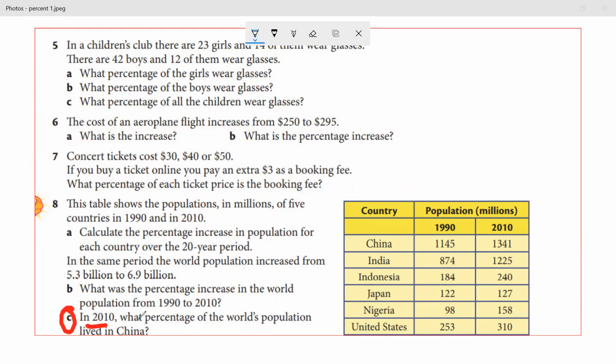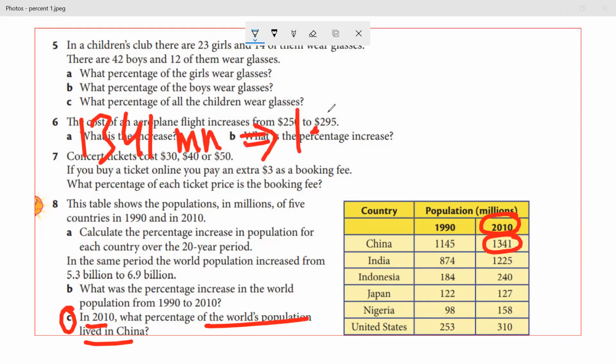In 2010, what percentage of the world's population lived in China? Can you answer this? 6.9 billion. 1341 million is 1.341 billion.